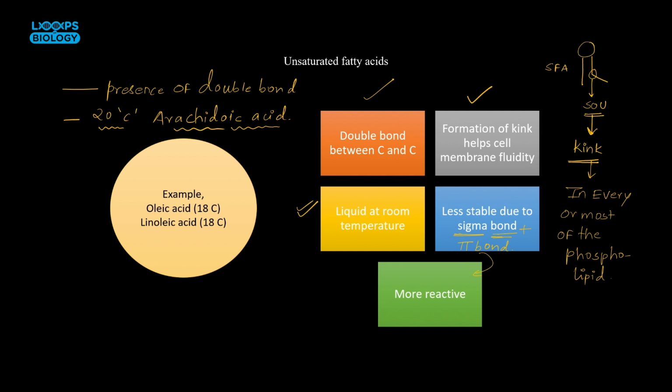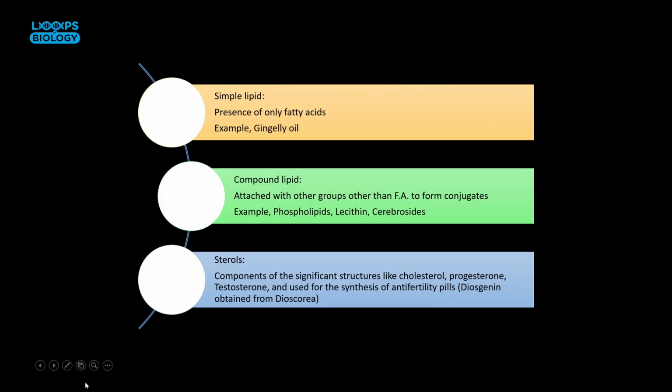So examples for this are oleic acid and linoleic acid. You don't have to remember the site of unsaturation in this particular case, which I have covered in my brief videos about biomolecules. If you want to get information more deeply on this particular concept along with the mechanism of the reaction, you can go and check out my videos on biomolecules.